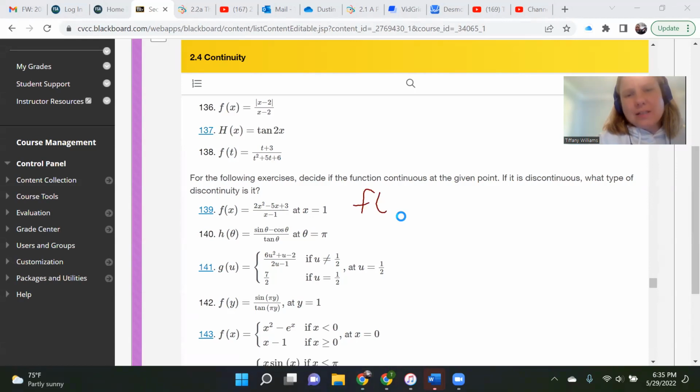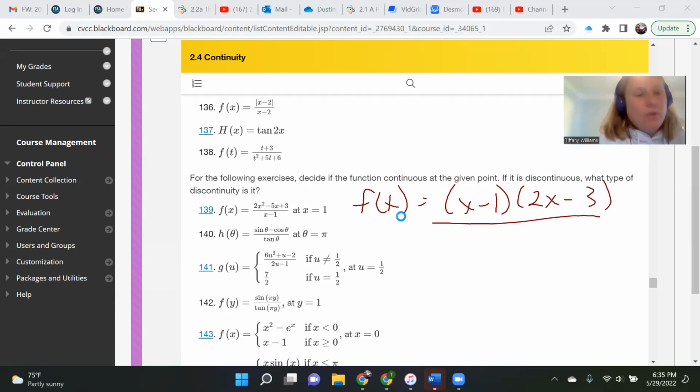So I'm going to have f of x equals, if I factor 2x squared minus 5x plus 3, that's going to give me x minus 1 times 2x minus 3, over, and then of course the x minus 1, and there we see that hole because those two things would cancel out. So we do have a hole at x equals 1.